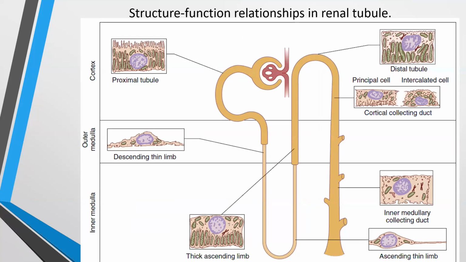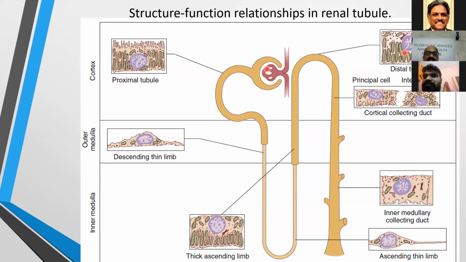Here, the metabolically most active parts of this tubule are the proximal tubule, the ascending limb, and the distal tubule. These cells have a lot of mitochondria, and there are constantly high degrees of activity going on, which is responsible for the maintenance of ionic balance.